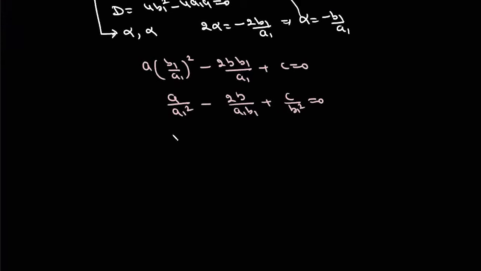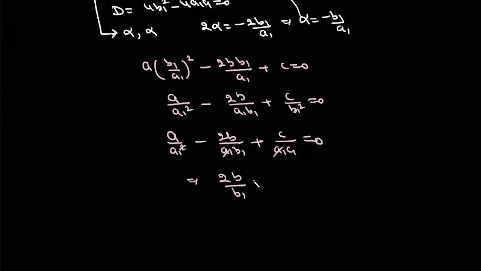So we'll get a upon a1 square minus 2b upon a1 b1 plus c upon a1 c1 equals 0. We'll take a1 common. So from here we'll get this condition that twice b upon b1 equals a upon a1 plus c upon c1, which means a upon a1, b upon b1 and c upon c1 are in AP.